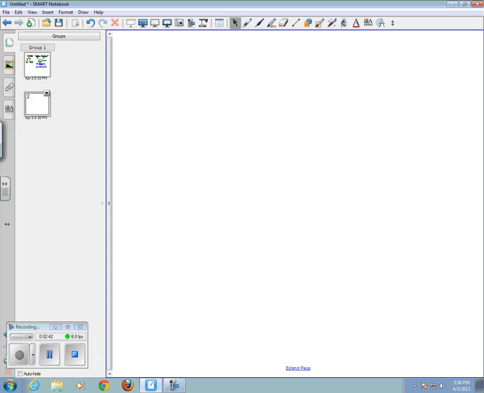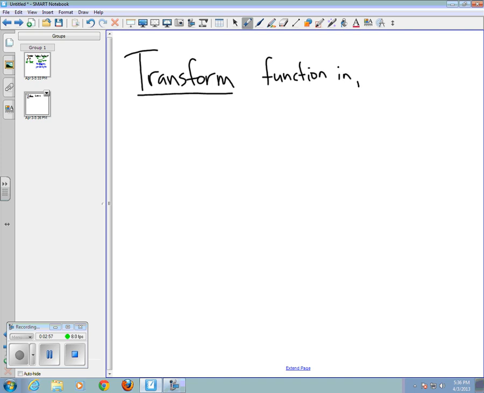So now let's go to the idea of a transform. A transform is like an operator. It takes in a function and gives a function out. So again, function in, function out.